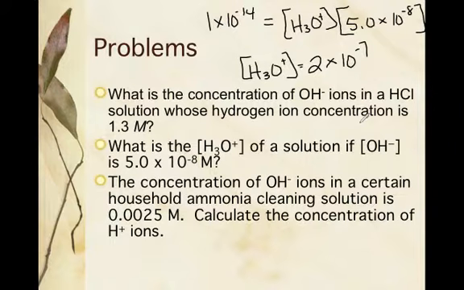So, is this acidic or basic? Which one's larger? The 2 is. Yes, 2 times 10 to the negative 7th is larger, so that would make it acidic. You have to remember that the exponents are negative.